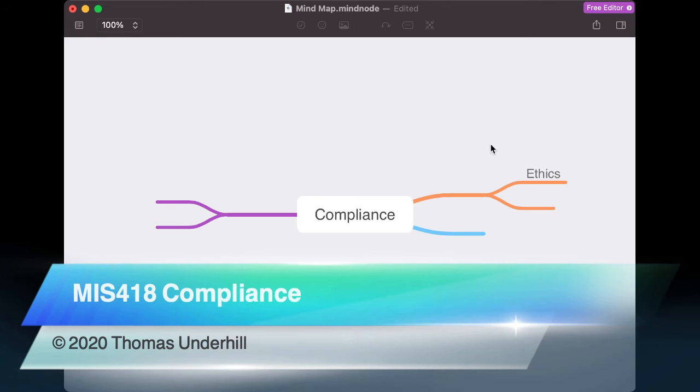This boils down to what types of decisions you should be making in the workplace as you go about your job. And you have to make choices about not only what is legal, but also what is ethical.